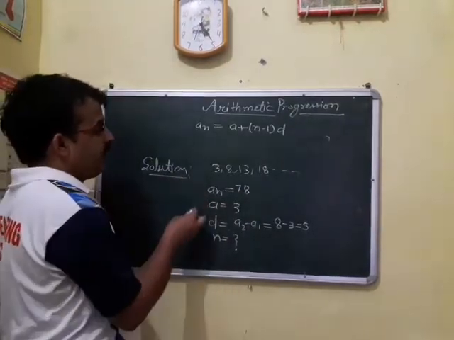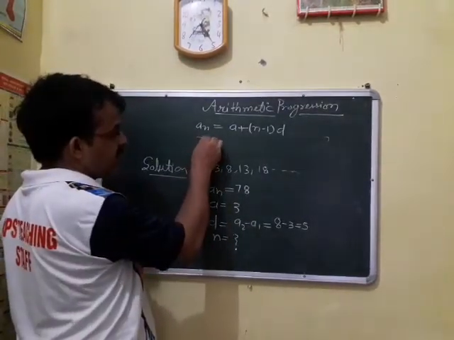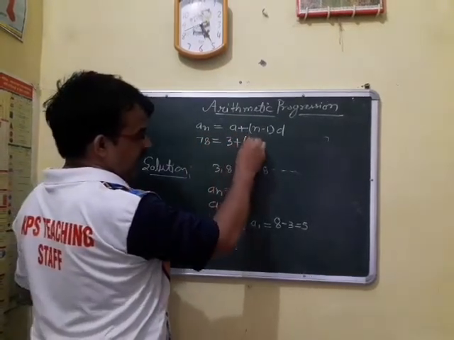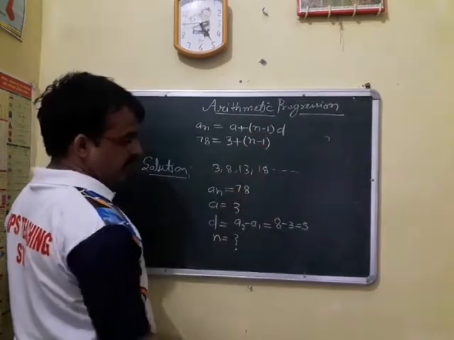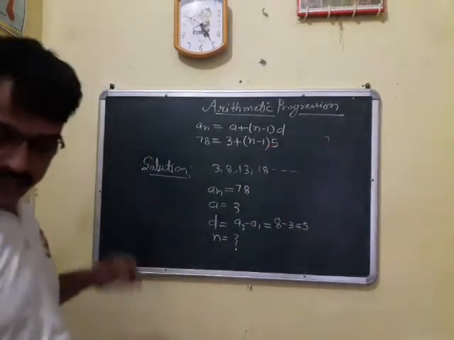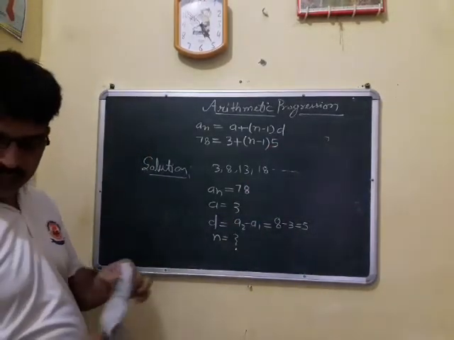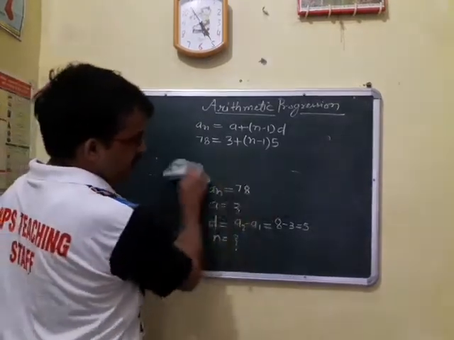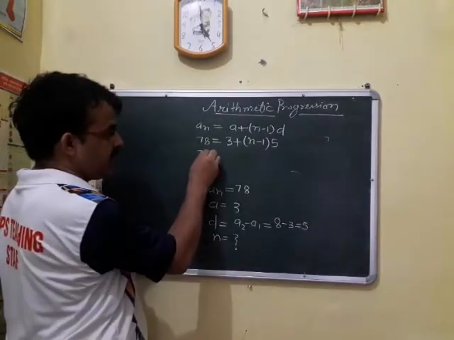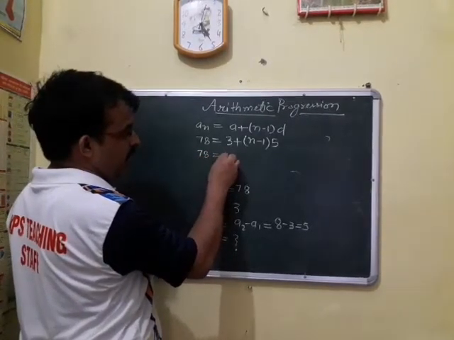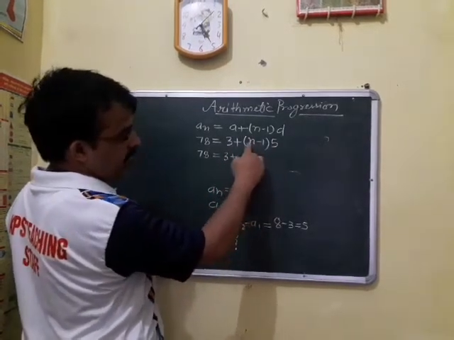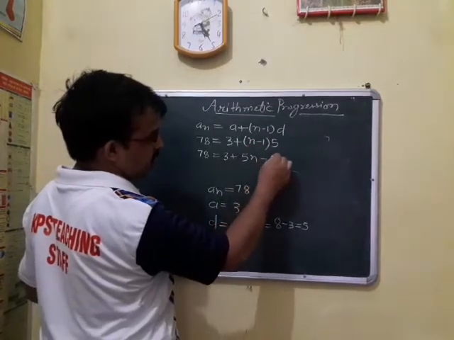78. Now put the values: 78 is equal to a, which is 3, plus n minus 1, and d here is 5. So 78 is equal to 3 plus 5n minus 5.